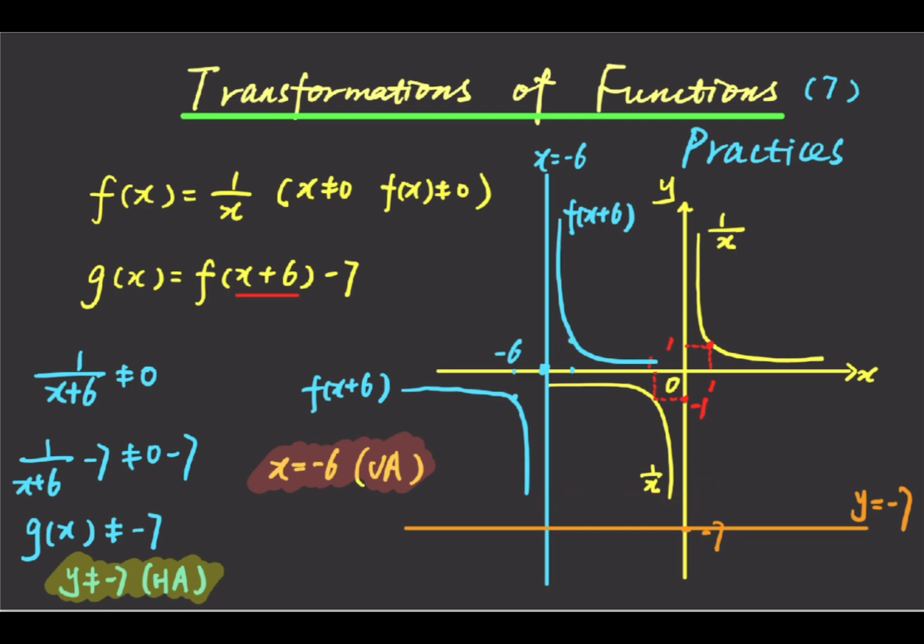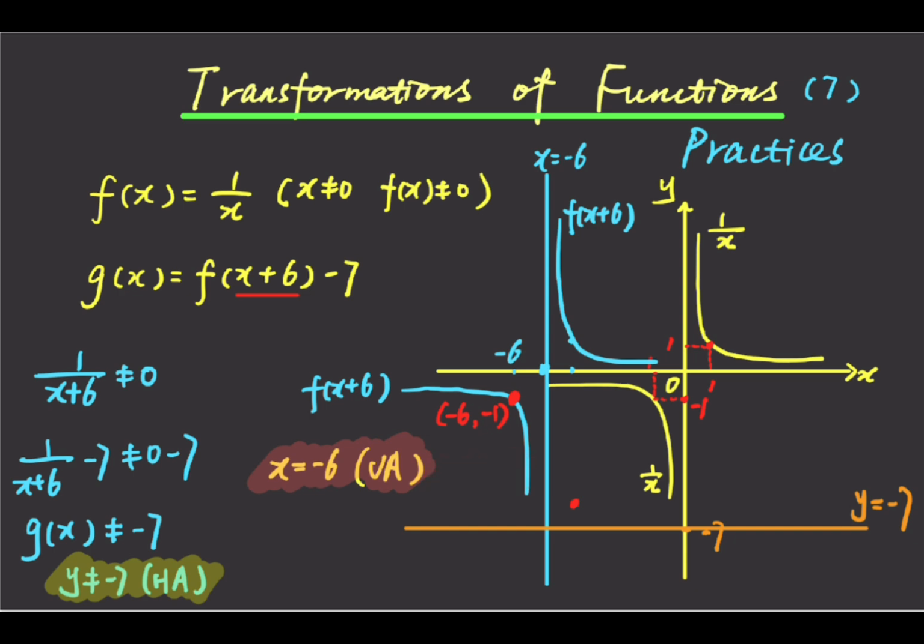Okay, this point and this point, originally it is -6, -1, so -6 should stay -6, but -1 minus 7 should be -8.